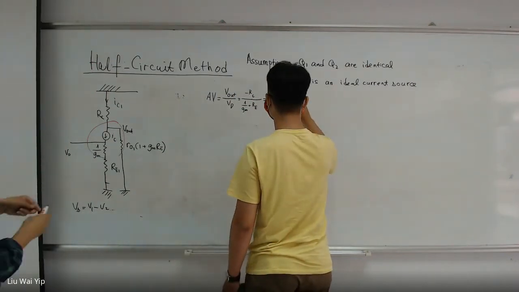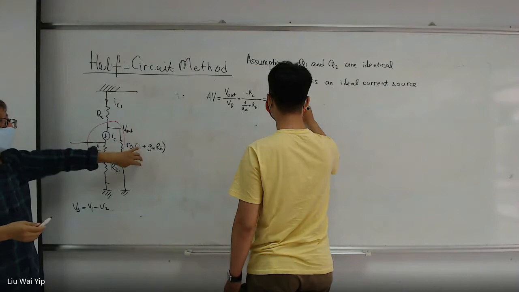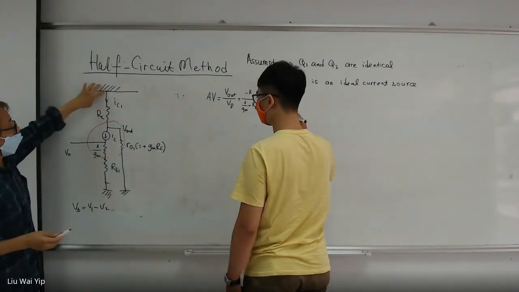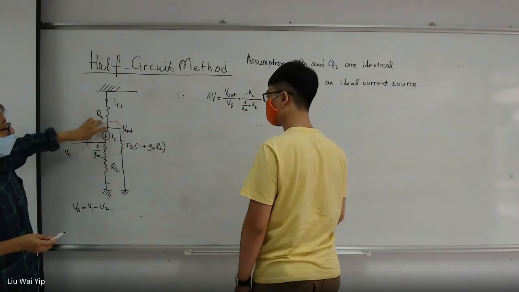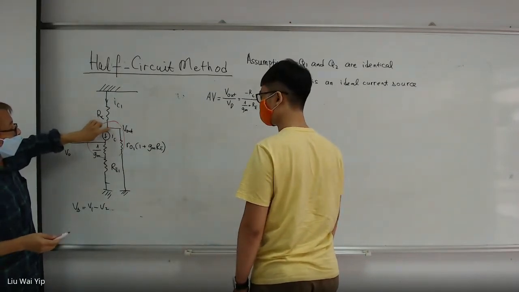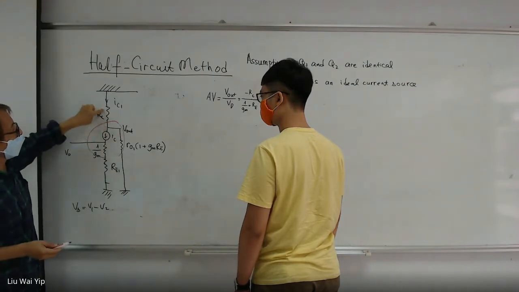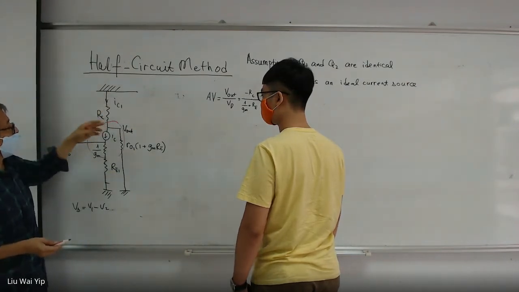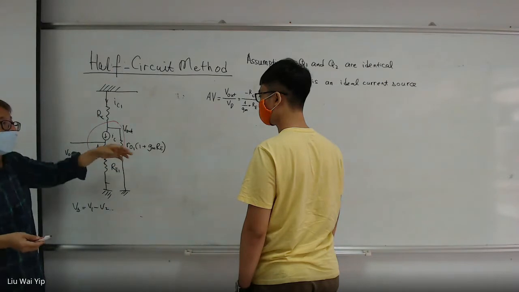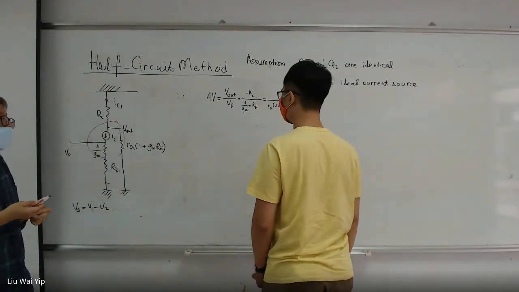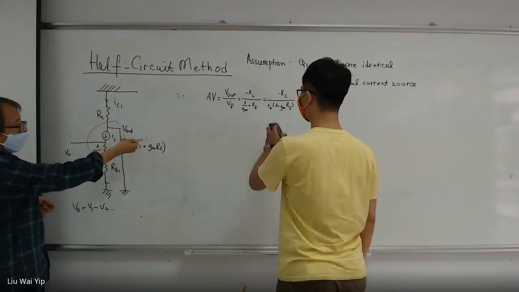Let me give you some tips. This is the virtual ground. Yeah, this point is the common. This one is connected to a resistor and then to ground. And this one is connected to another resistor to ground. So literally, RC and this one are in parallel. You can do your own simplification for this circuit.